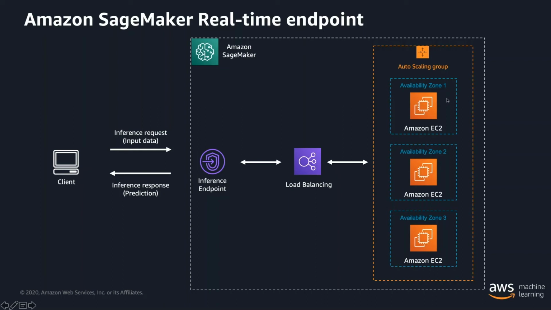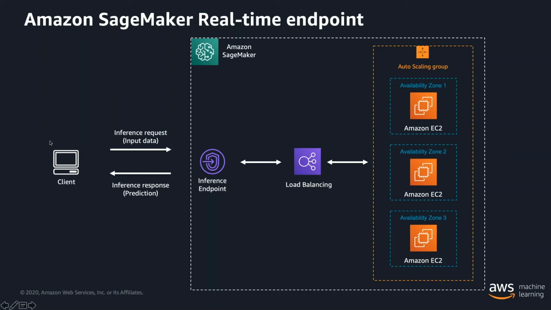And what you have is a bunch of virtual machines in an auto-scaling group. Auto-scaling group means that you can begin, for example, with 3 instances, and you can scale up to 10, 20 if the load increases. You have a load balancer in front of that, to distribute the load to the different EC2 instances.